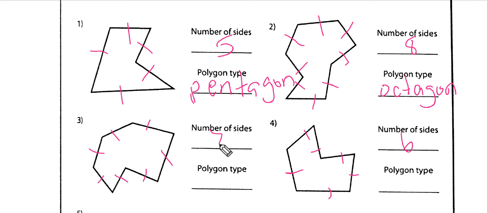Number 3 has 7 sides. Hexagon is for number 4, and number 3 is a heptagon.